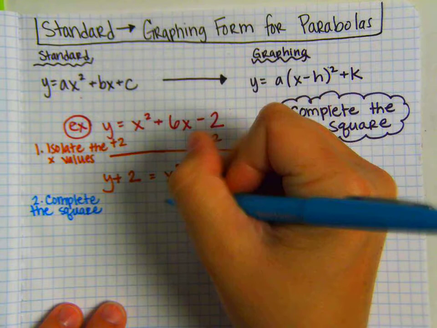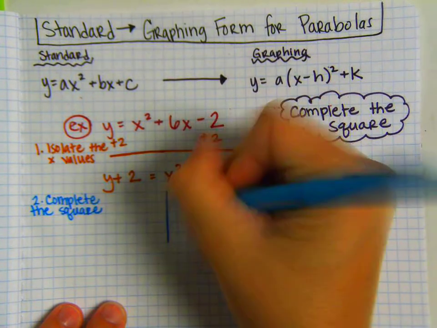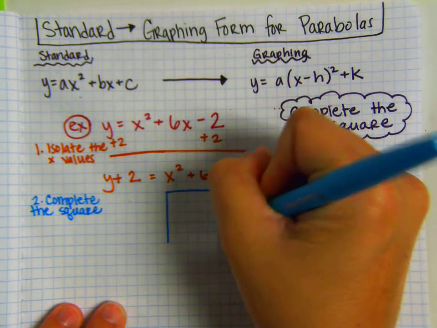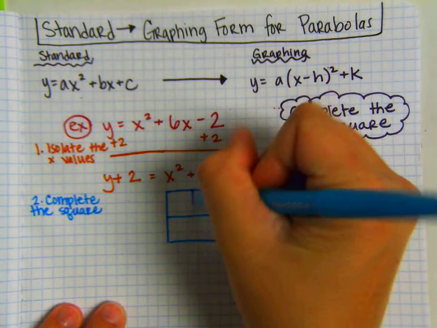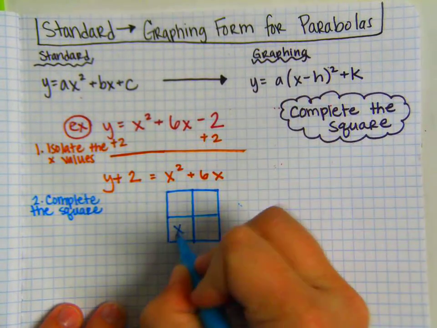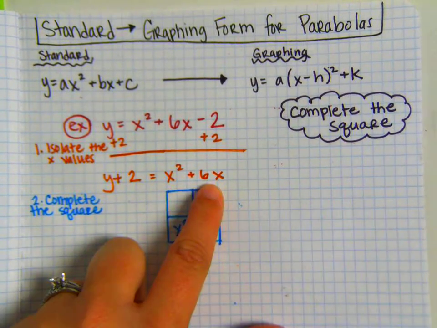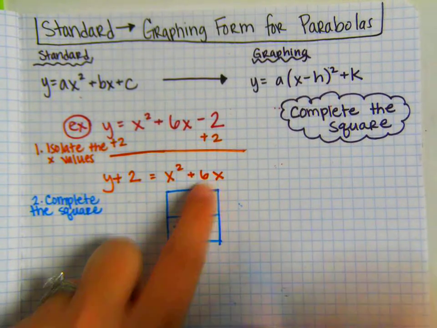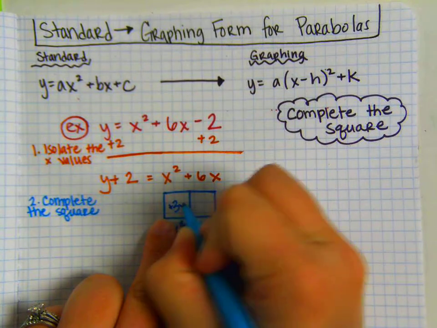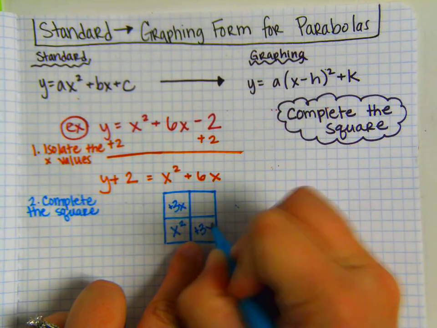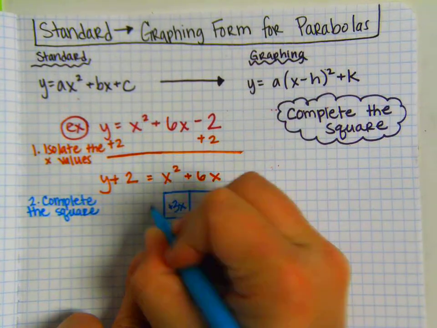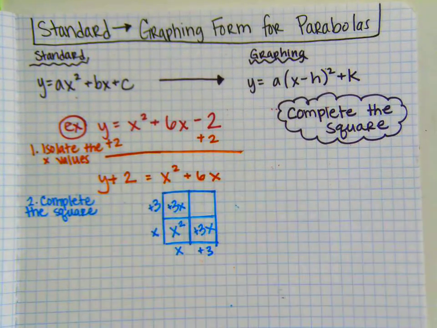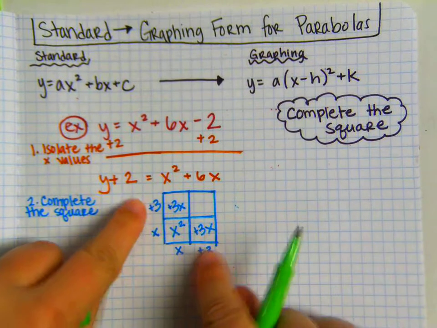So we're going to draw our box to complete the square. And these steps stay the same from when we were completing the square. We put our x squared down here, and then we split this in half. So if we split 6x, that'll be plus 3x plus 3x. So this will be x plus 3, x plus 3. Now what goes up there, right, we multiply 3 times 3.